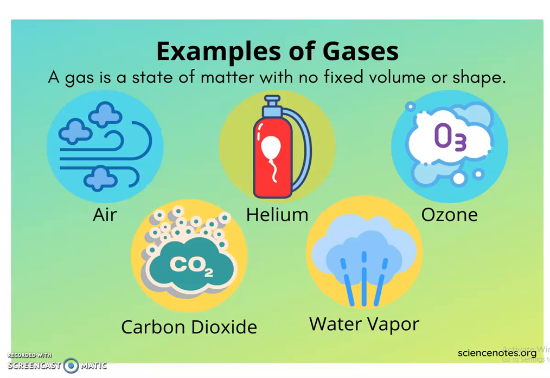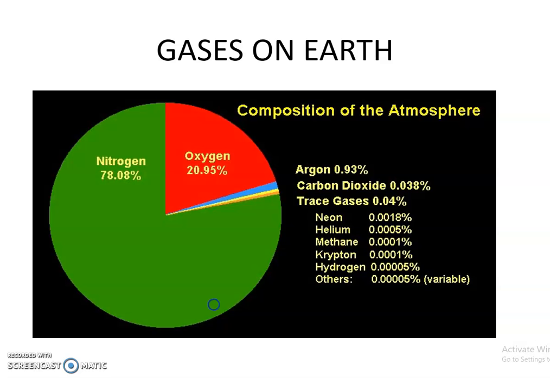The air around us is a gas, carbon dioxide is a gas, helium is a gas, and even ozone is a gas. And our Earth's atmosphere is composed of gases, of which nitrogen occupies the major constitution, around 78.08%.